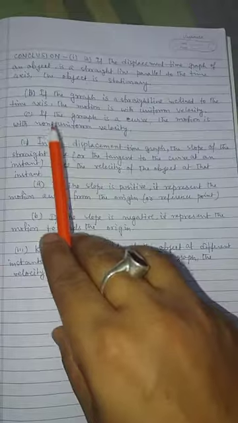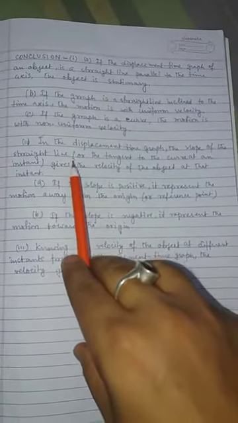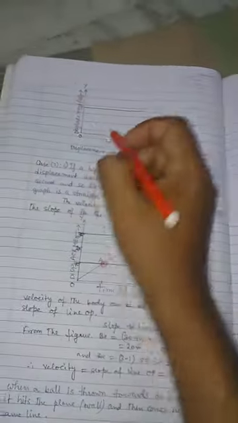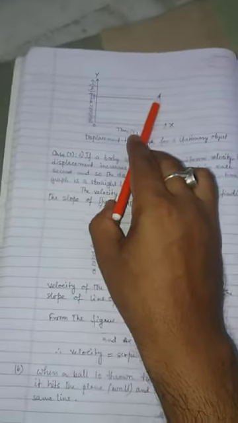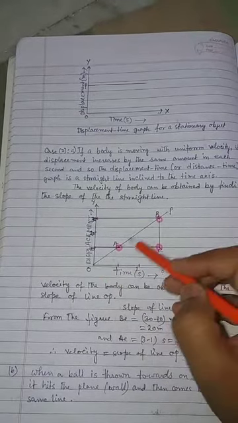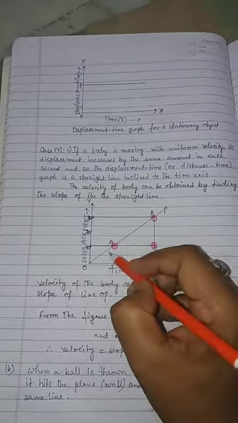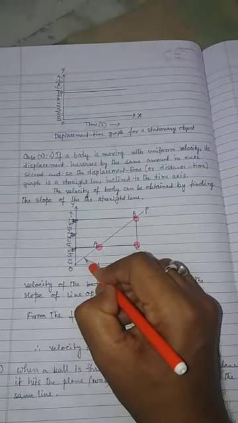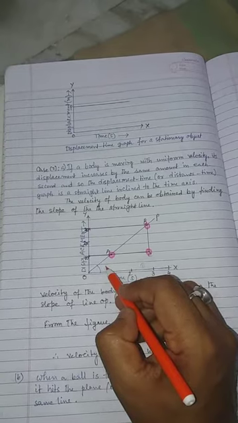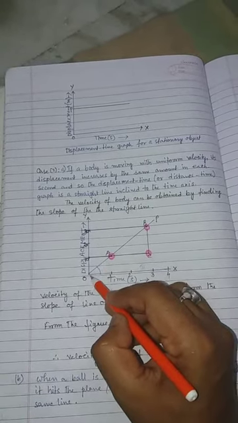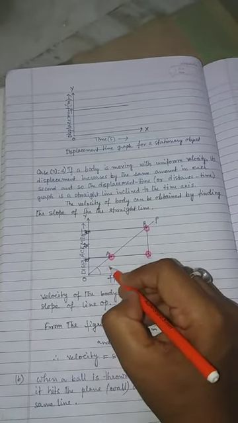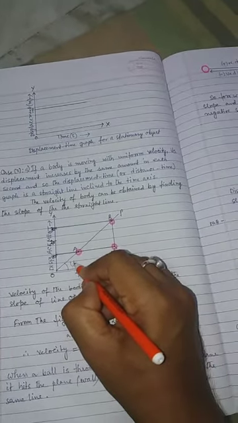From the displacement time graph we can conclude some points. If the object is at rest, then the line will be parallel to the time axis. If the object is in uniform velocity, then it will form an inclination and the line will be a straight line passing through the origin. Here we consider angle theta.